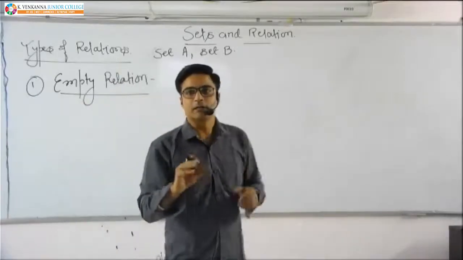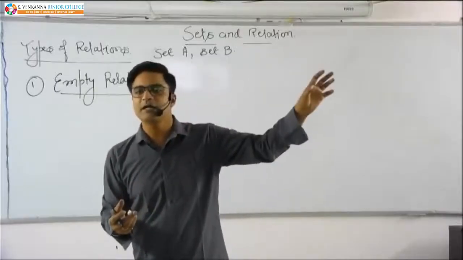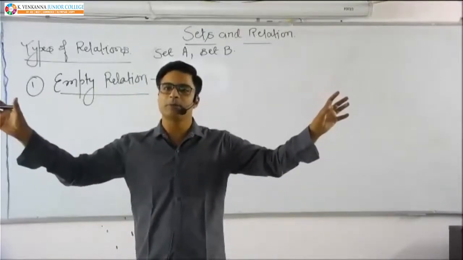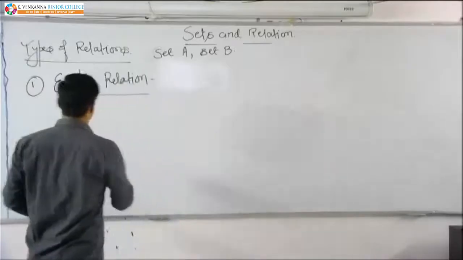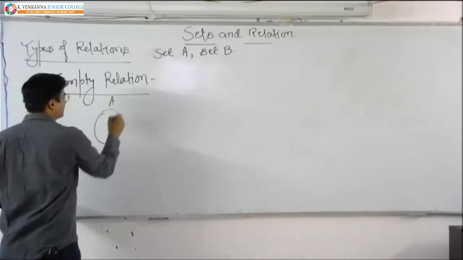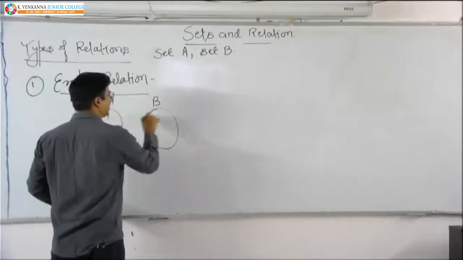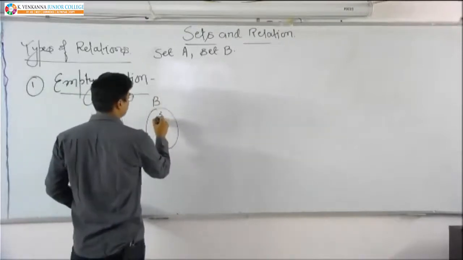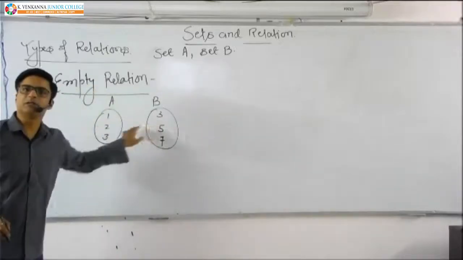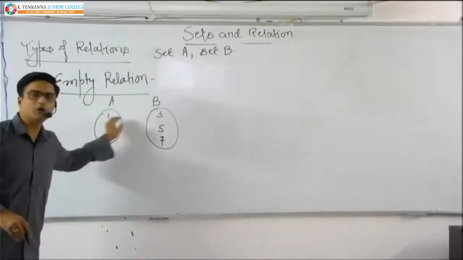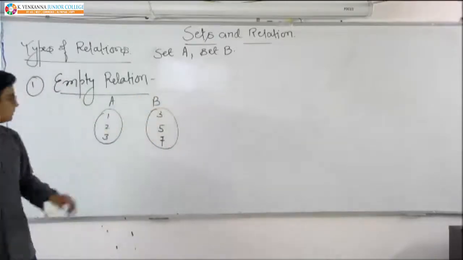This is the concept. Now, if I try to put it in words, it means if no element of set A is connected with any element of set B, then it is an empty relation. Let's say this is your set A and it has elements 1, 2, 3, and let's say this is set B and it has elements, let's say 3, 5, 7. If there is no connection between these two sets, let's say 1 is not connected with any element, 2 is also not connected with any element, and 3 is also not connected.